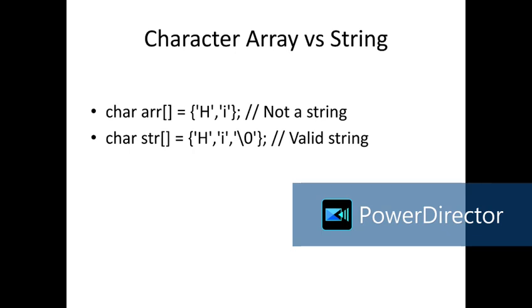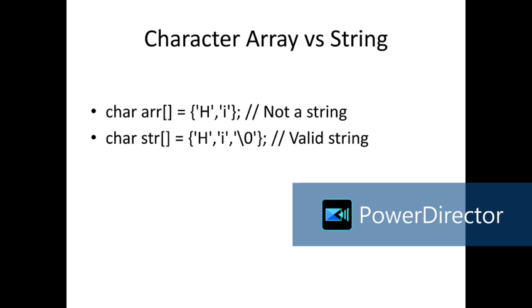This is not a string because it lacks the null terminator \0 that marks the end of a string. It's just a sequence of characters and C will not recognize it as a string. Without a null terminator, functions like printf with %s or strlen won't work correctly because C has no way of knowing where the array ends.